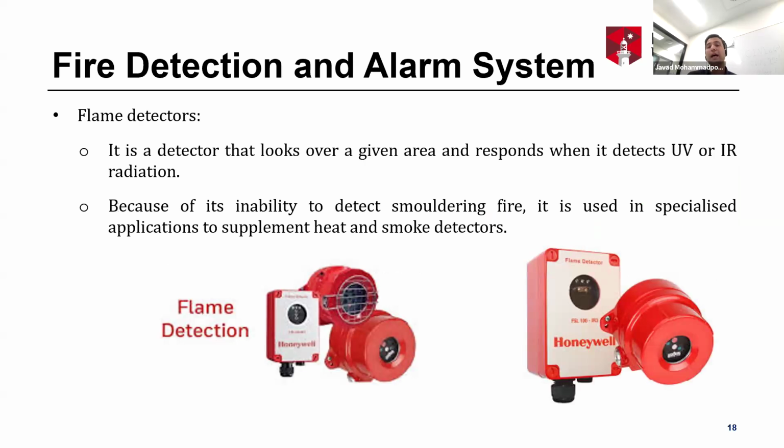Because of its inability to detect a smoldering fire, like smoke particles, it's used in specialized applications to supplement the heat and smoke detectors. Generally, they are used, for example, in boilers. And as I mentioned, because of their inability to detect the smoldering fire, they need to be installed along with a heat detector or smoke detectors.